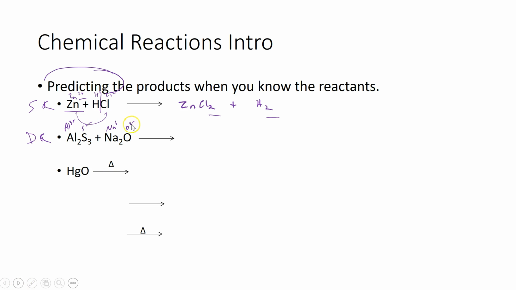So Al2O3, and sodium being a plus would have to combine with sulfur to make Na2S. Now, again, not worrying about balancing, but the logic I'm applying here is a plus needs to go with a minus.